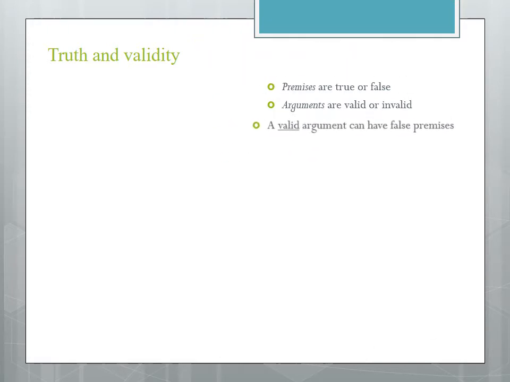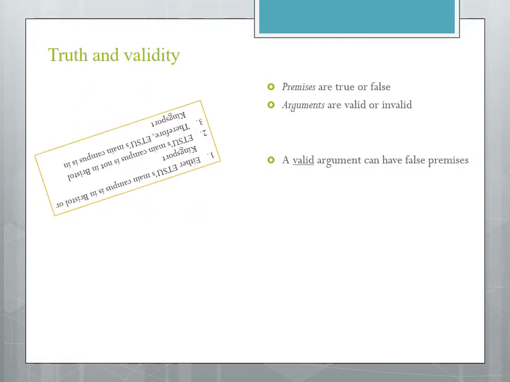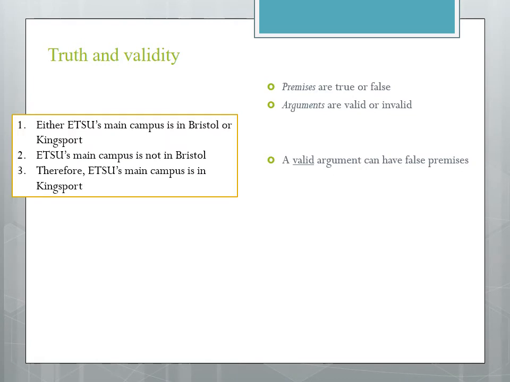So what this tells us is that a valid argument can have some or even all false premises. Here's an example of an argument which is valid, but it has a false premise. It's valid because if these premises were all true, if the sentence expressed at 1 and the sentence expressed at 2 were both true, then the conclusion would have to be true.